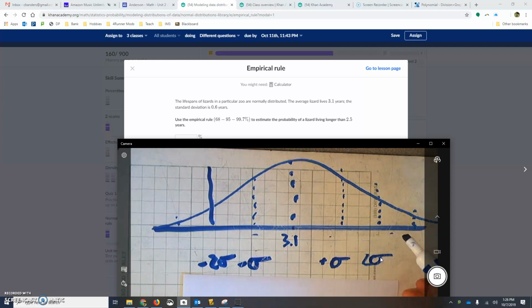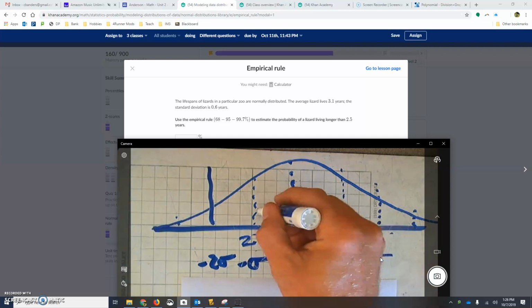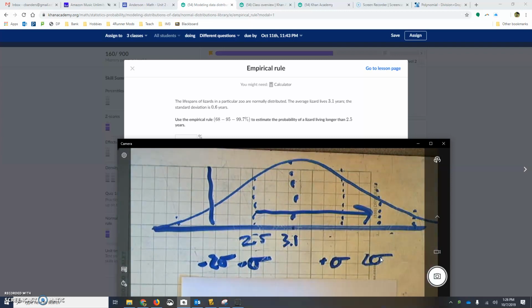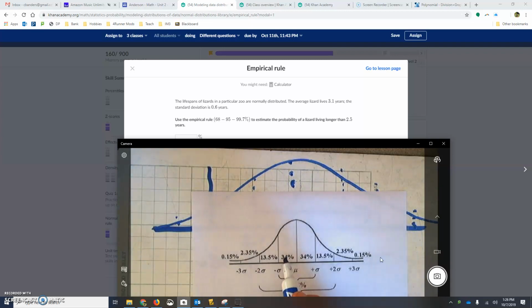So it's asking longer than 2.5. So if I do 3.1 minus 0.6, I get 2.5. So it's asking everything that's greater than 2.5. So we have to add this 34 plus 34 plus 13.5 plus 2.35 plus 0.15.